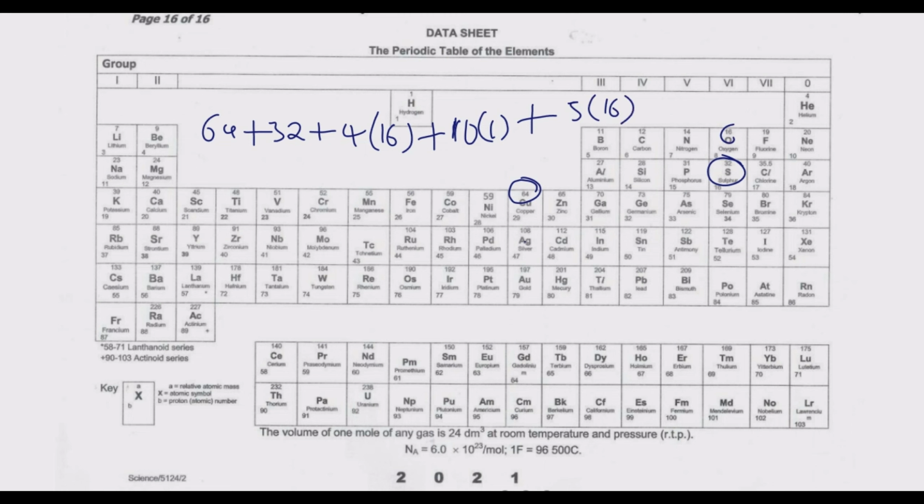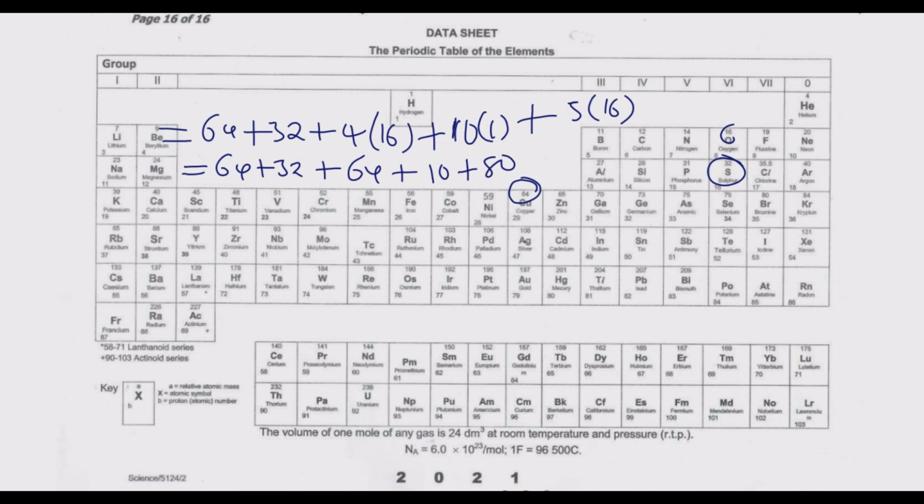When we start adding this, we discover that this is basically 64 plus 32, then plus 4 times 16 is 64, then plus 10 times 1, which is 10, then plus 5 times 16, which is 80.